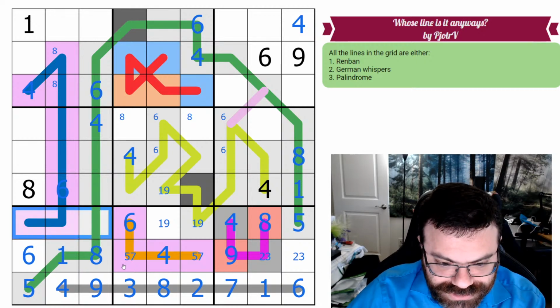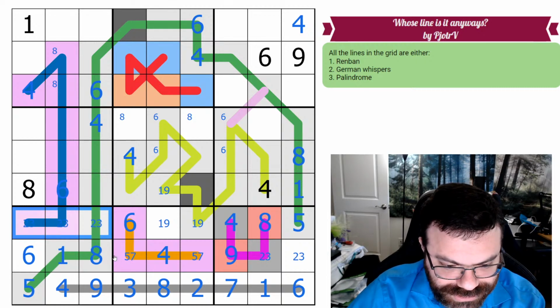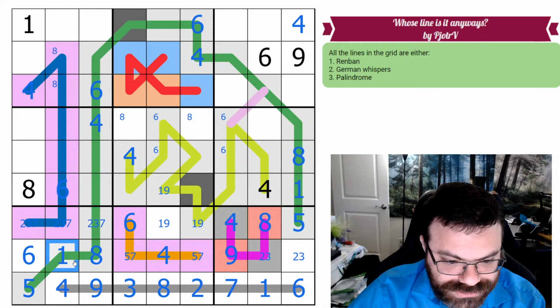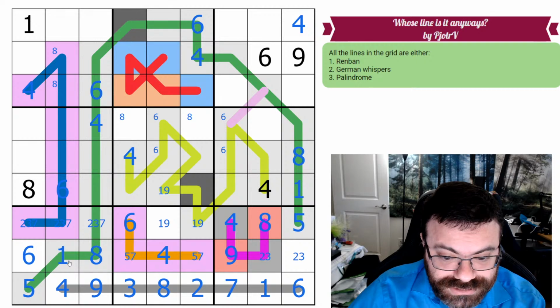What's this triple? Let's find out. 2, 3. Can barely read it. 2, 3, and 7. Can I eliminate any of that? Not that I can tell.